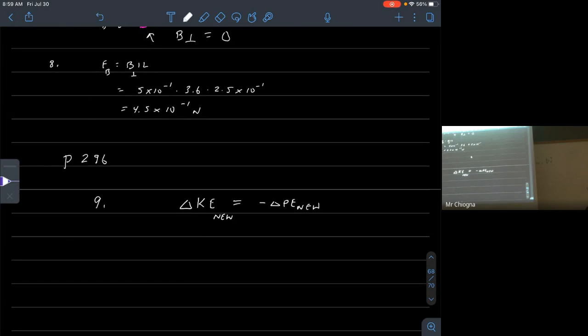Whenever we have a charge accelerated through a potential difference, we need to use a conservation law. And this right side is just replaced by QV. You're accelerating through a potential difference.